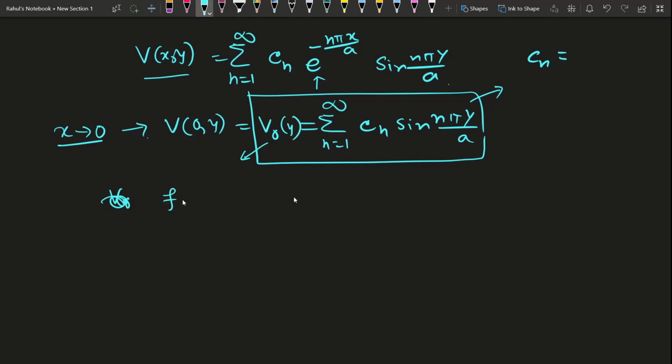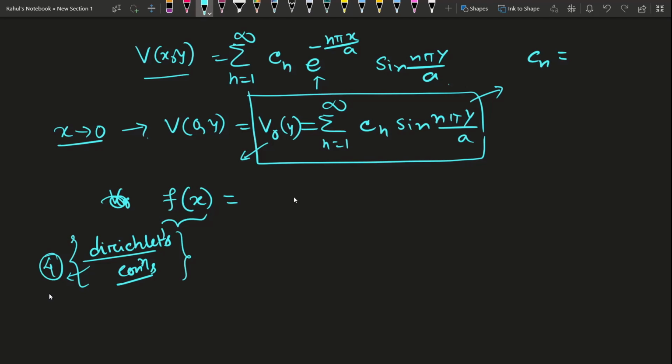and in the Fourier series we know that if there is a function like f of x, and if it follows the Dirichlet's conditions, which has four conditions, I am not going to discuss that here, then even if there is a finite number of discontinuities, this function can be expressed as an expansion of an even function and an odd function.